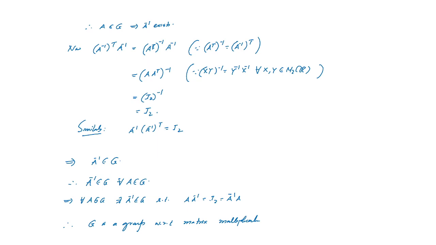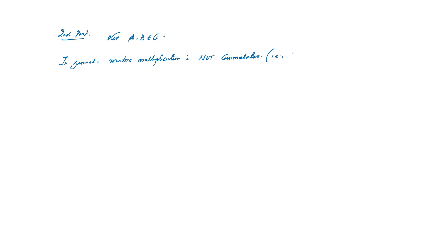Now we'll come to the second part: is it commutative or not? Let A and B be two elements of G. In general, we know matrix multiplication is not commutative, that is, AB is not equal to BA in general.